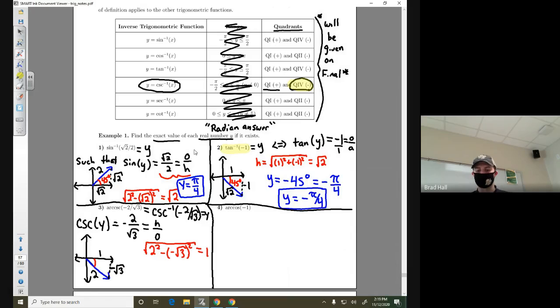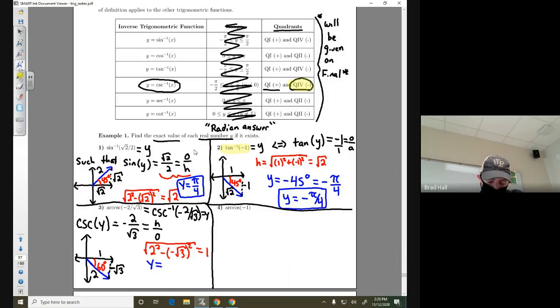In particular, we need to figure out what angle corresponds to an opposite of the square root of 3. That one's 60 degrees. But we don't want to use positive 60 though, because that puts us in quadrant 1.